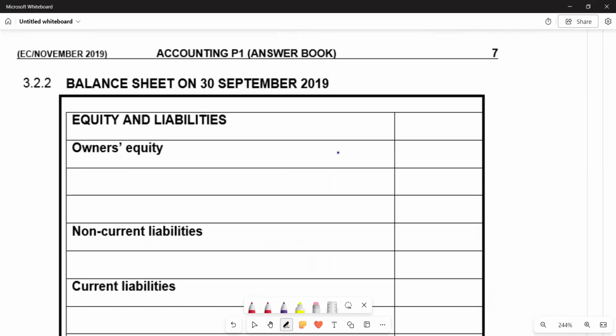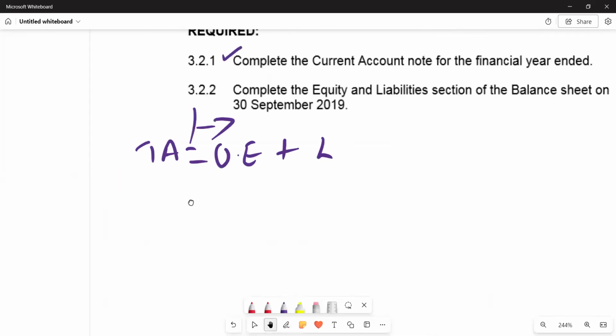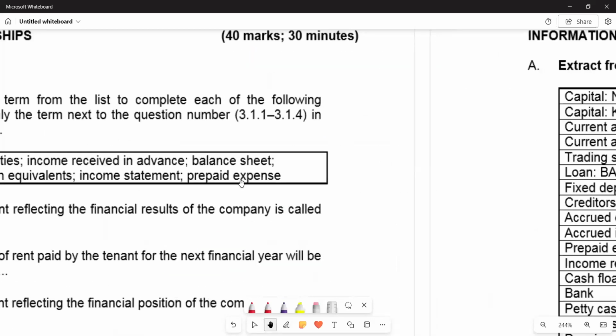That's where we are going to have our capital, and also our current account balances. And then we can add to get the total for owner's equity. So here we can start by putting our capital, whereby we refer back to the question to see the capital balances for the two partners, and then we add to get the total. Obviously, we get this information in the list of balances.